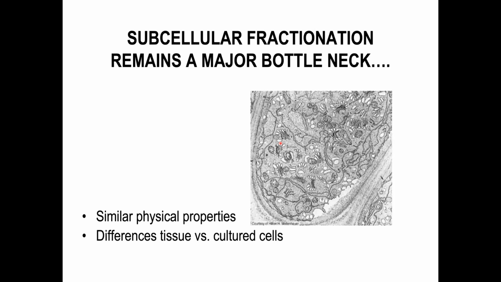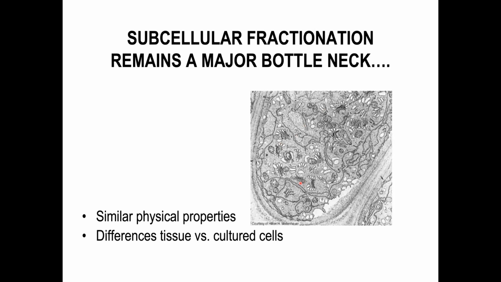However, they share similar physical properties, although they look very different in their morphological appearance. And these similar physical properties are defined by protein to lipid ratios, by the nature of the lipids, and by the net charges they contain.